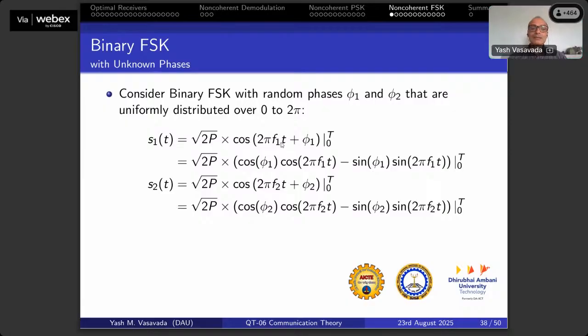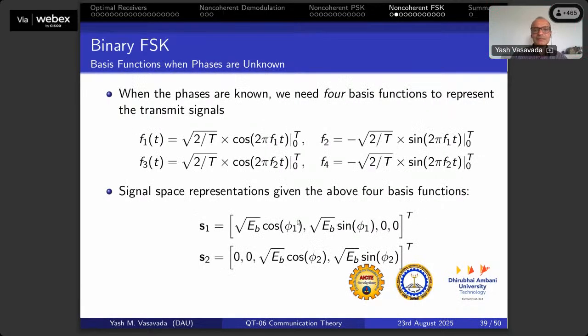But when additionally there are some phase variations that we do not want to estimate and get rid of, then we have to worry about a signal model which is shown here. If you expand this out, then you see that there are actually 4 terms, cosine and sine. So we need 4 different functions: cosine of f1, cosine of f2, sine of f1, and sine of f2.